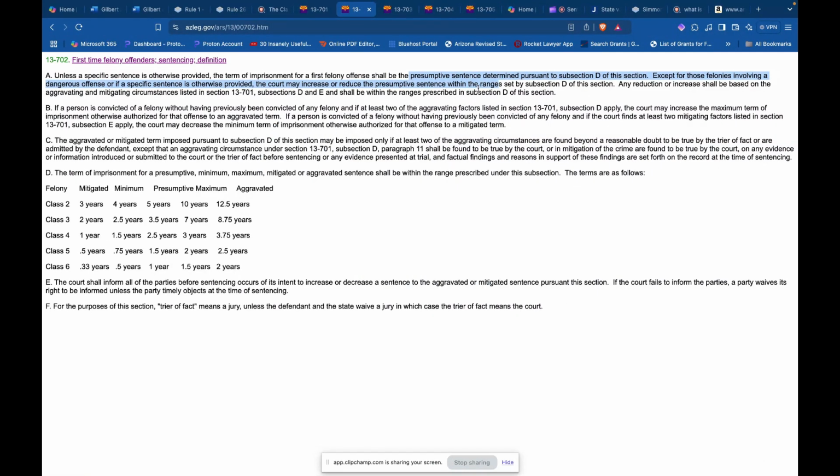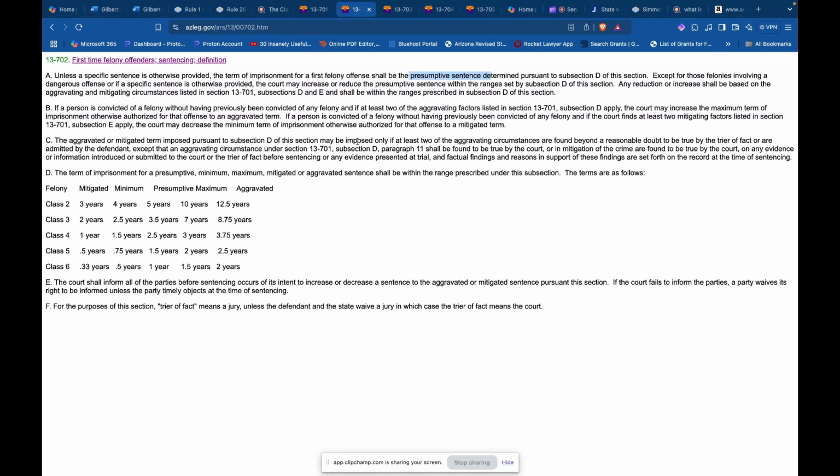So that is where the law is telling judges they have to start their calculation from the presumptive sentence, except for those felonies involving a dangerous offense, or if a specific sentence is otherwise provided. The court may increase or reduce the presumptive sentence within the ranges of subsection D of this section.